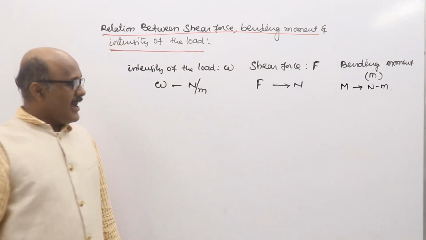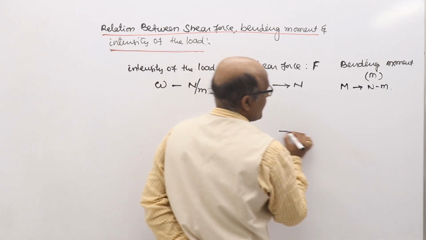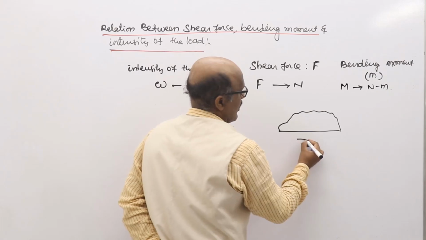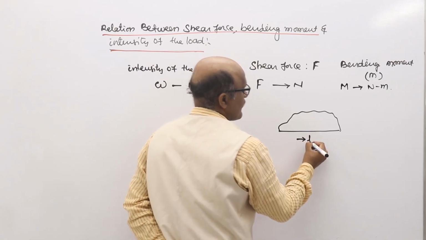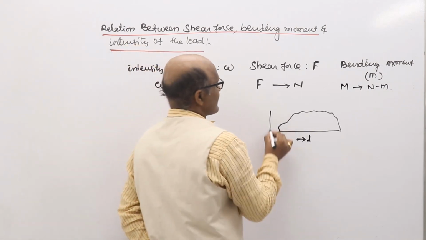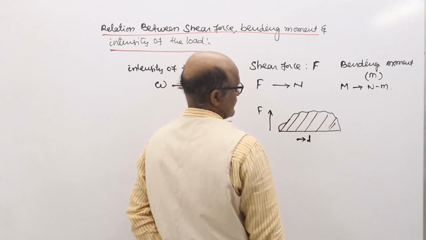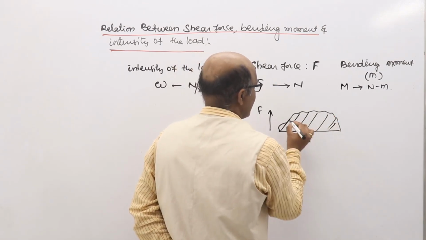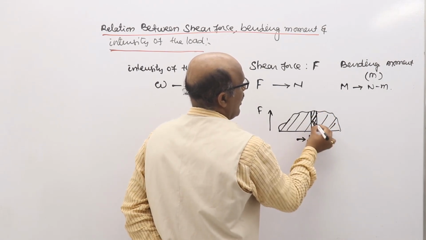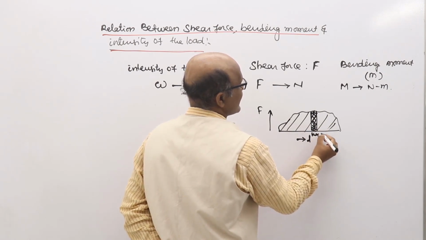Now, all of you see, my dear students, suppose here is a shear force diagram. On this axis, the variable is length, and on this axis, the variable is force. I am considering a small length of the beam, called dx.